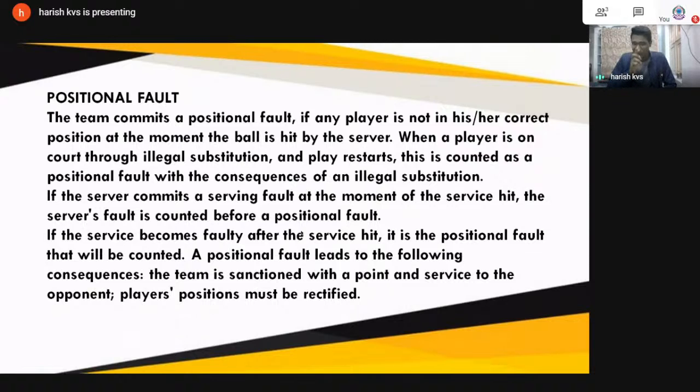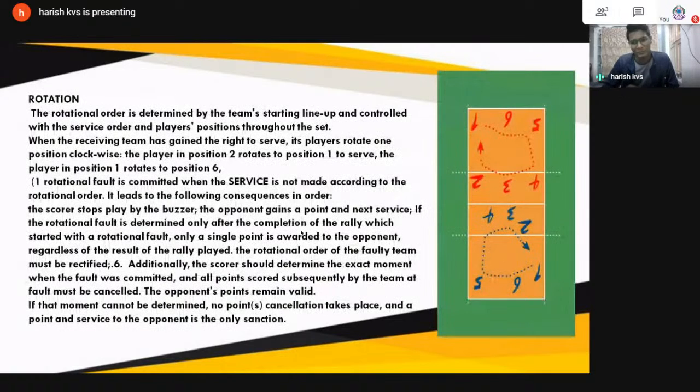There are some other descriptions of these positions and technical terms related to the officials, but let us not get into that. The only basic thing a player and a team needs to know is that they should follow the proper rotational positions, and they should rotate themselves the moment they score a point. That would be proper gameplay.